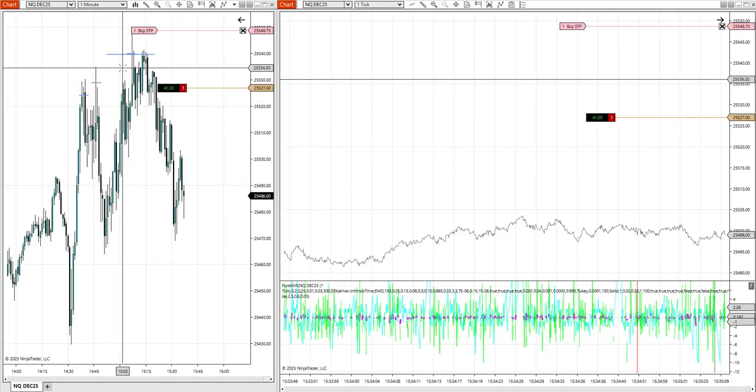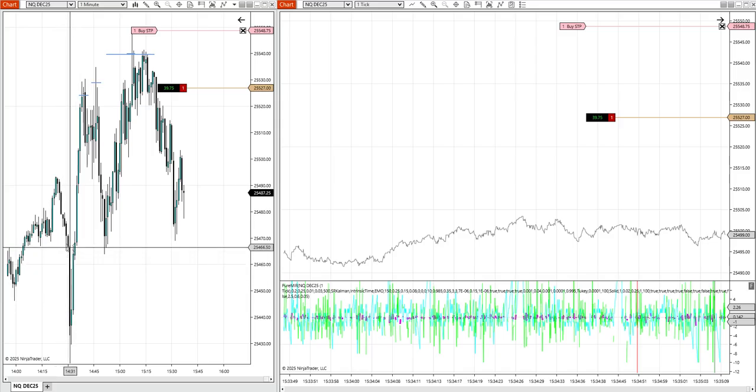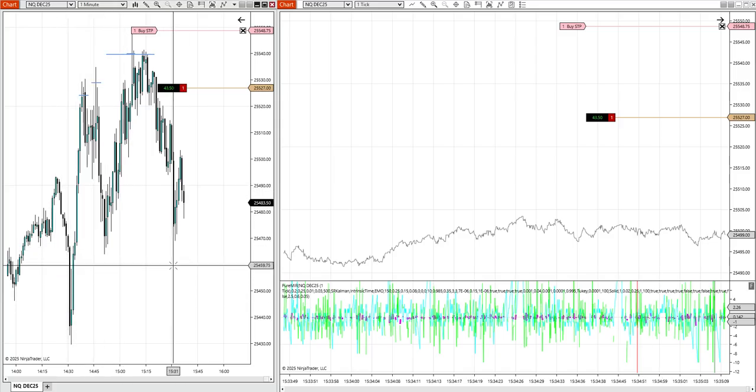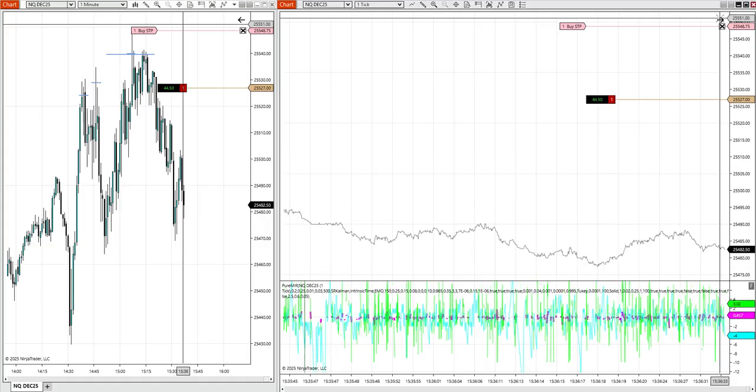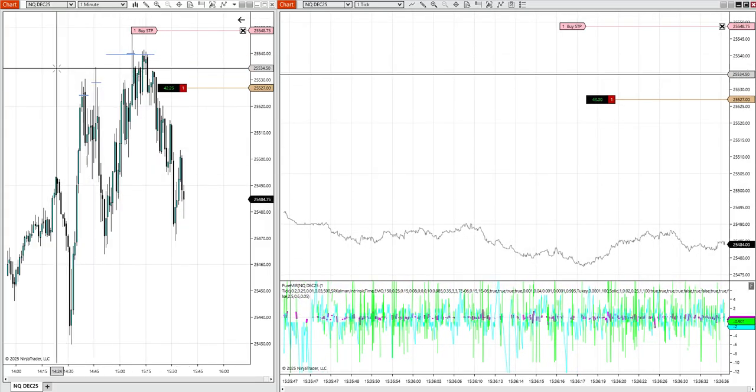So this has nothing to do with price action trading. There's no candlesticks involved in this. So you don't have to look back. You never have to look back at historical data.